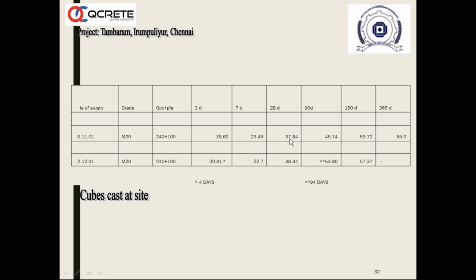You have a significant jump between 28 days and 365 days. Similarly, in the other cube result, 240 OPC, 100 PFA, it has moved from a 28-day strength of 38 to 57 in 150 days. So long-term strength after 28 days is very good. This is a very, very important point for customers.